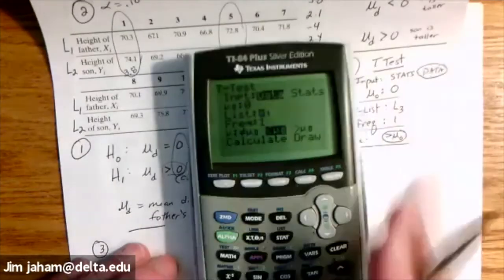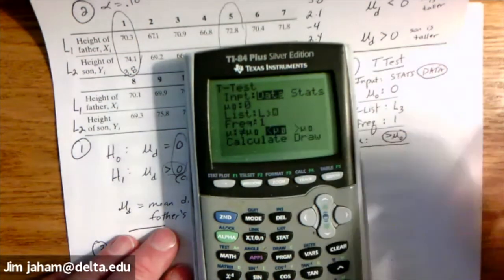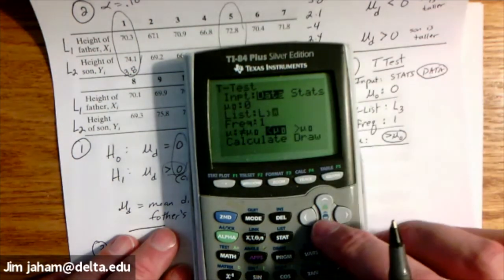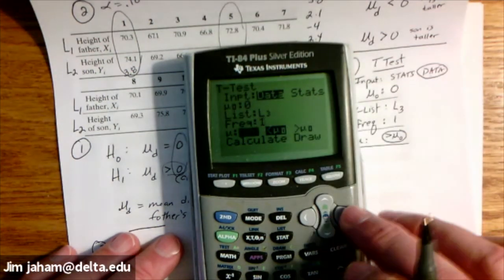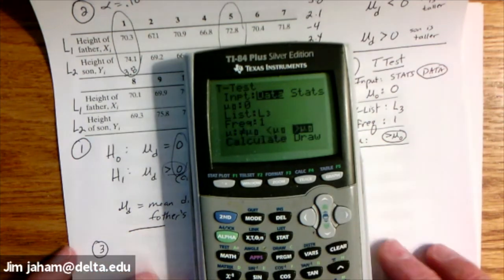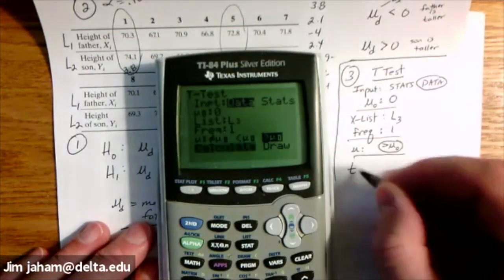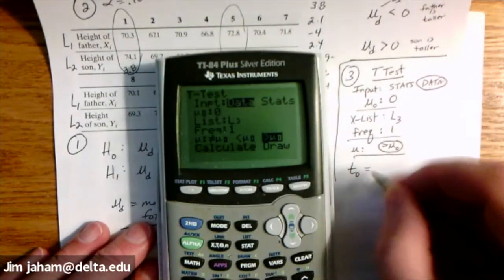It would look like this. Second, and then the number 3. We'll change it to L3. Frequency, that should just always be 1. And then we want to select the greater than mu0. Calculate. What is it going to calculate? Always the same thing. The test statistic is t, and then the p-value.